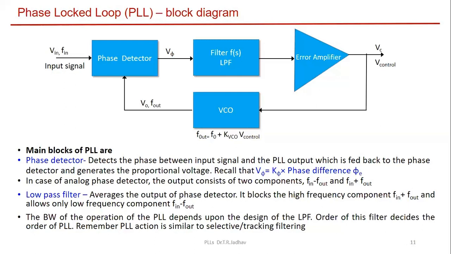I will elaborate this concept later when we see the characteristics or working of the PLL. But if you see the block diagram, you will notice two important blocks here. One is at the heart of the PLL, there is a filter, and one more very important block is the voltage controlled oscillator, that is the VCO.